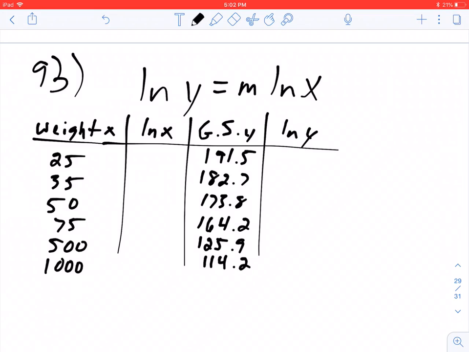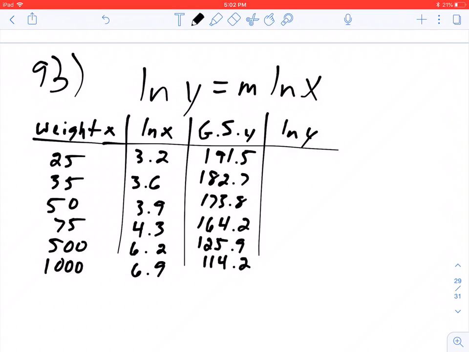Now I'm going to save you the time in doing that, and I'm going to do it for you here real quick. So the natural log of x is 3.2, then 3.6 roughly, then 3.9, then 4.3, then 6.2, and then 6.9.